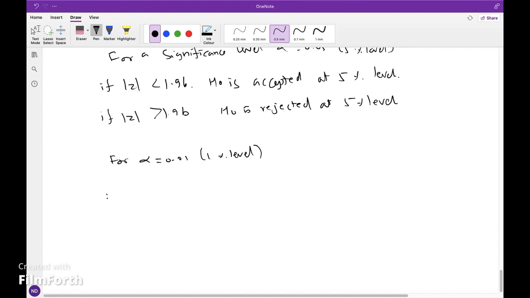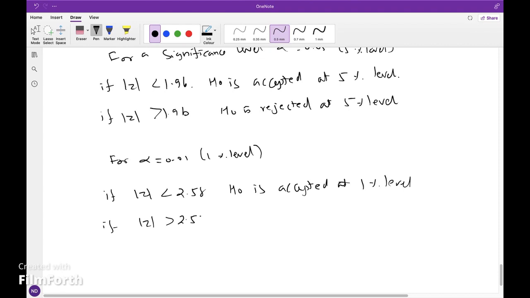If modulus of Z is less than 2.58, the null hypothesis is accepted at 1% level. If modulus of Z is greater than 2.58, the null hypothesis is rejected at 1% level of significance.